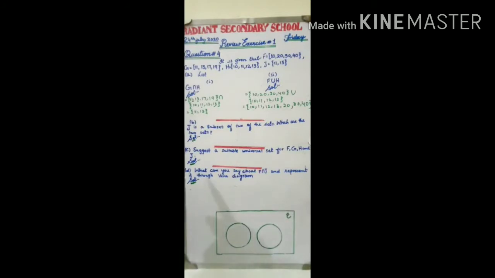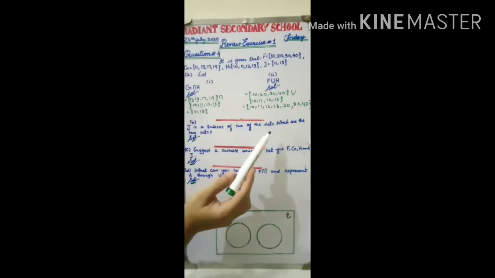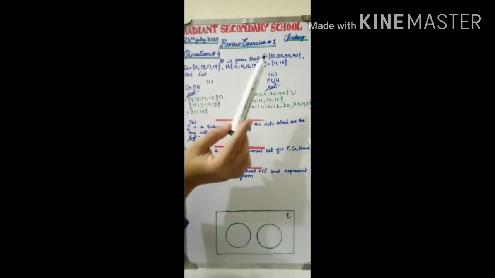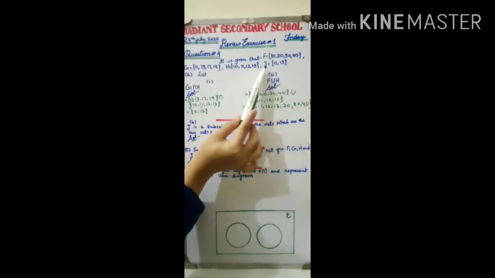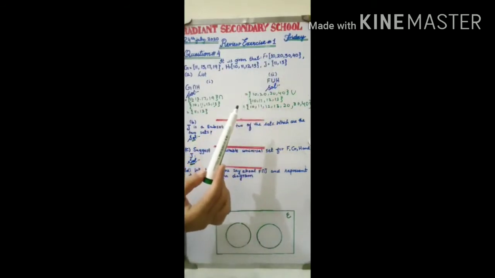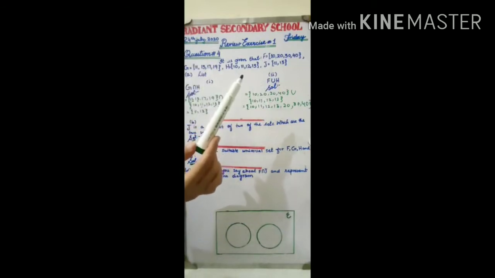Now come to B part. In B part, J is a subset of two of the sets. Which are the two sets? We have to check the J set first. In the J set, two elements are there, 11 and 13. Now you have to check in which sets these two elements are present.